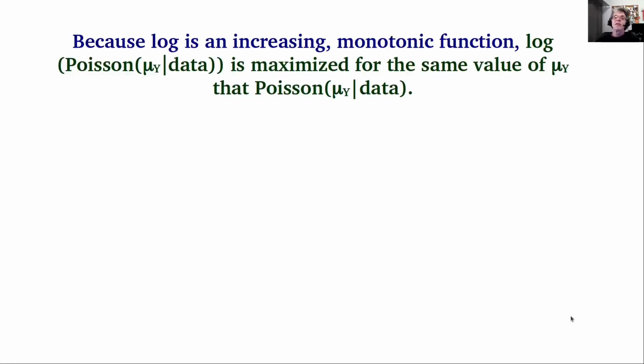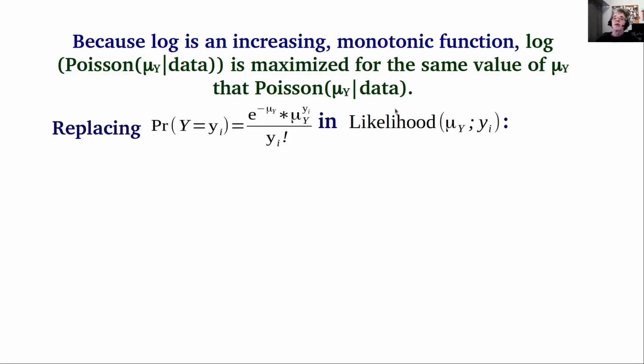And this is because the log is an increasing and monotonic function, meaning that its first derivative doesn't change sign. So the log of the Poisson of the value of mu given the data is maximized for precisely the same value of mu that maximizes the set of the Poisson probabilities given the data.